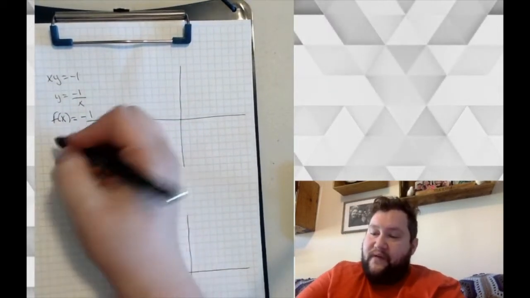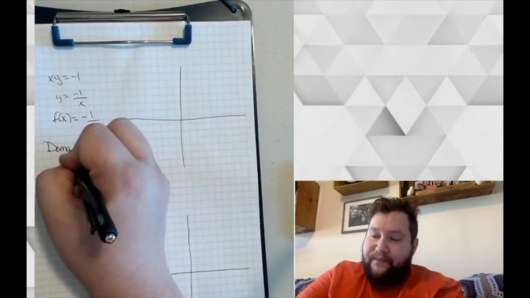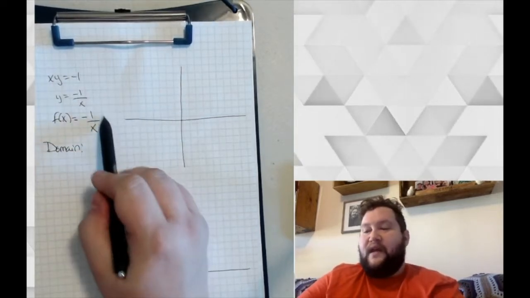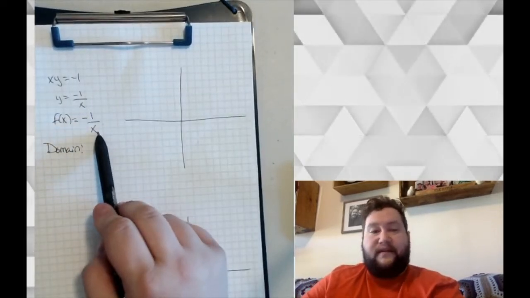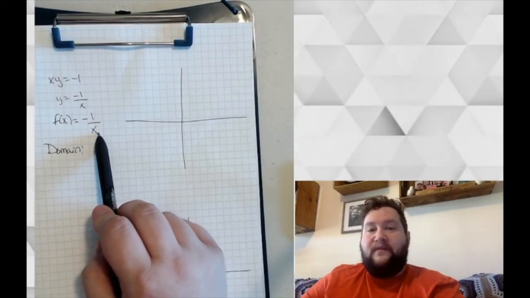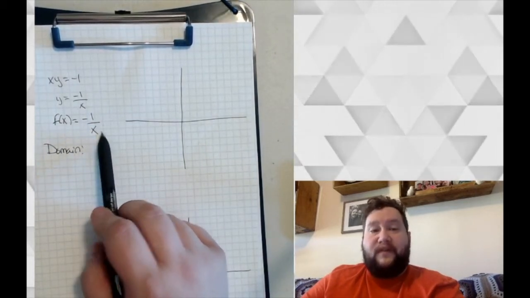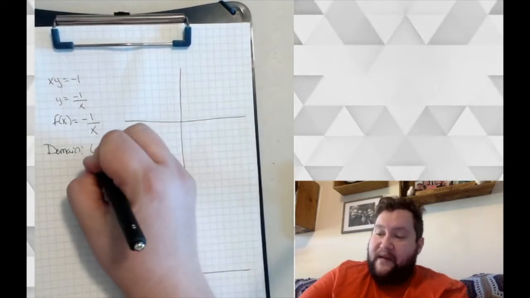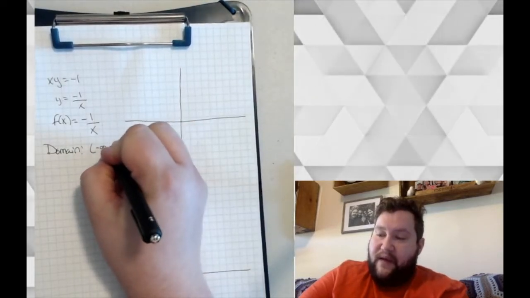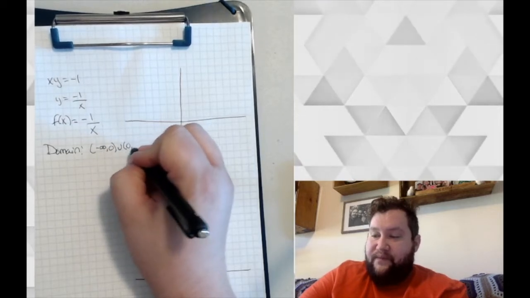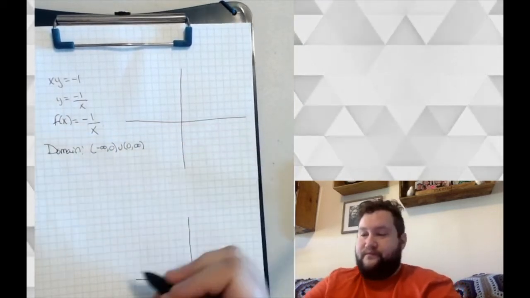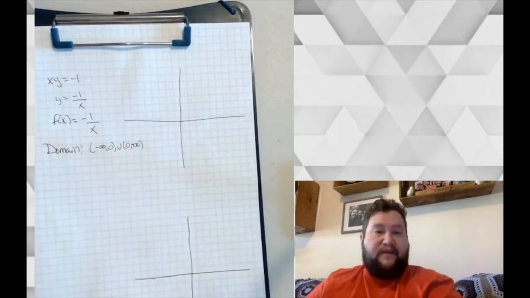So first off, domain. Is there any value that I cannot substitute into this equation? Negative 1 over x. Well, if x equals 0, negative 1 over 0 is undefined. So our domain is from negative infinity all the way up to almost 0, but not including it, together with 0 to infinity.